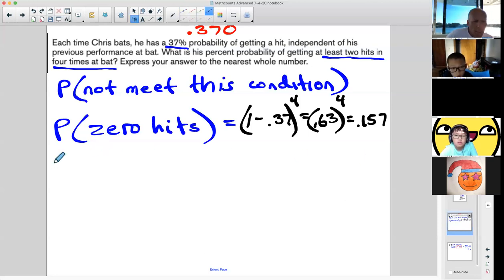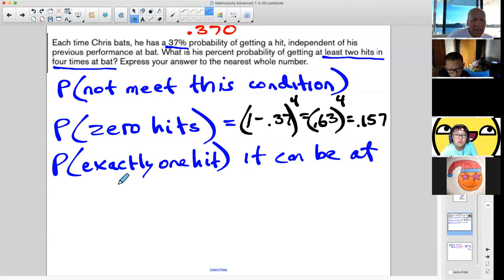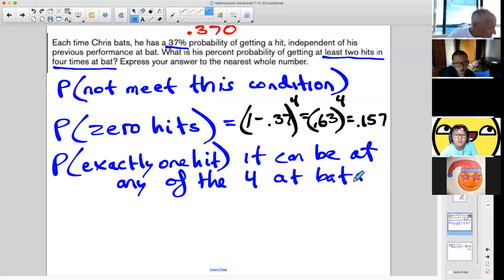Now, what's the probability that he's going to get exactly 1 hit? And remember, guys, it can be at any of the 4 at bats.